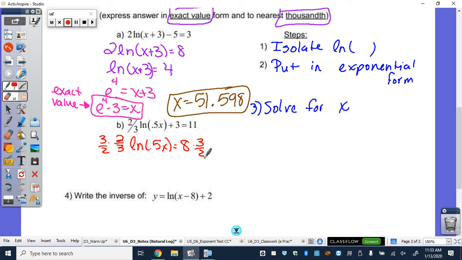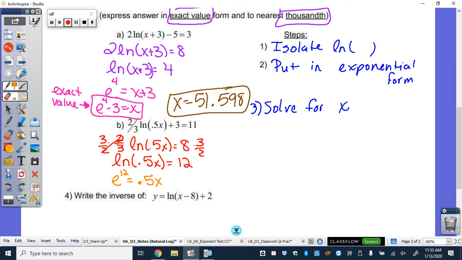Let's multiply. So 8 times 3/2 would give us a 12. So now our ln by itself, we got ln in the parentheses. So that's as isolated as it's going to get. So this becomes e to the 12th equals 0.5x.